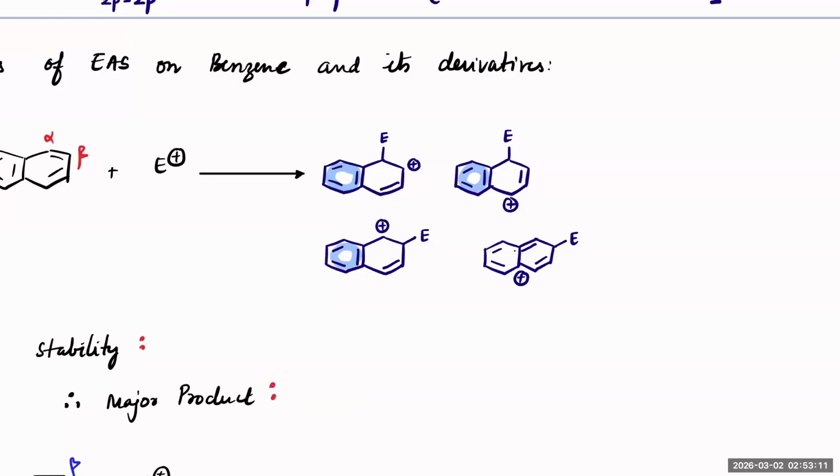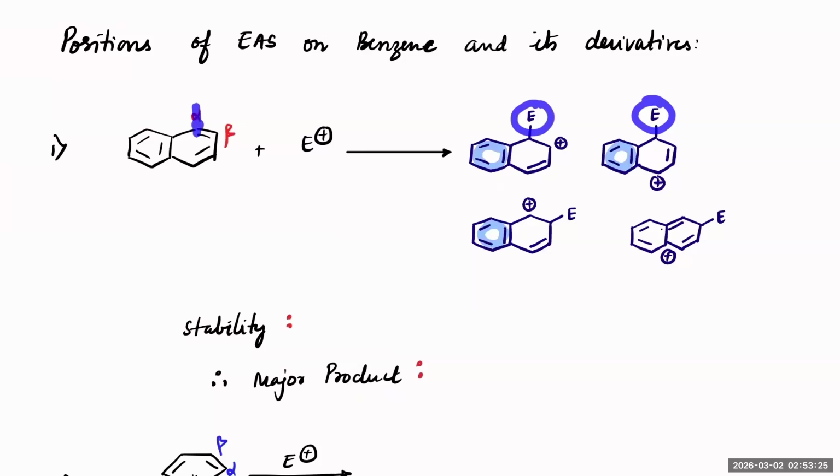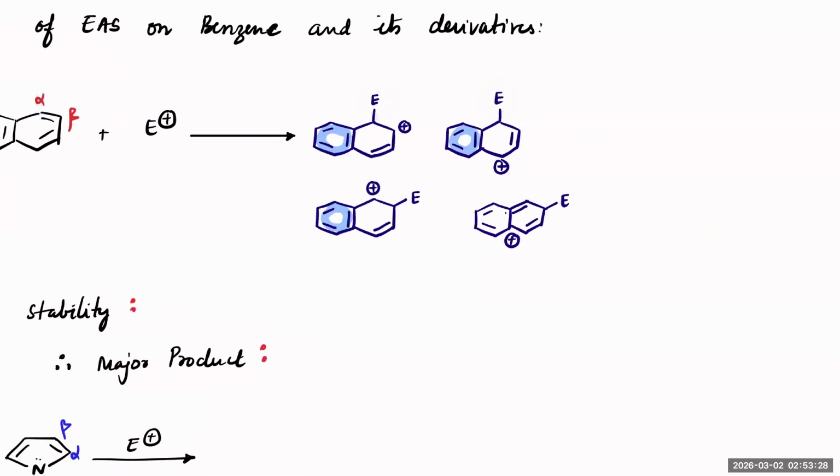While in the second case, this is still aromatic, but here there is no aromaticity, which means you have two aromatic rings retained if we make a substitution at the alpha position. But you get only one aromatic ring if you have it at the beta position. So at the beta position, the electrophile will be present at this position and the positive charge will come at this position. Hence, you would notice that in the first case the intermediate is more stable than in the second case.